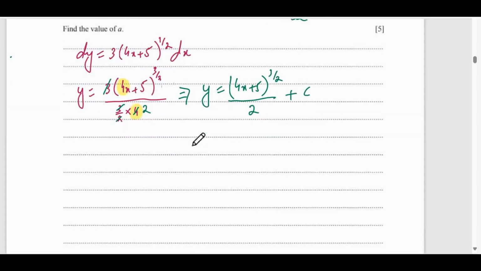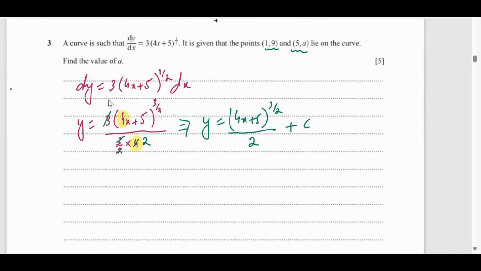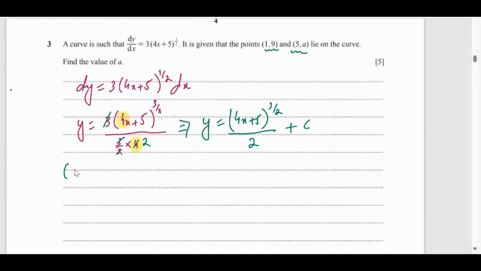Now it is given that 1, 9 and 5, a lie on the curve. It means that we need to put it over here. So first of all, we have to put 1 and 9. So y coordinate is 9 and x coordinate is 1. So 4 into 1 plus 5 whole power 3 by 2 divided by 2 plus c.